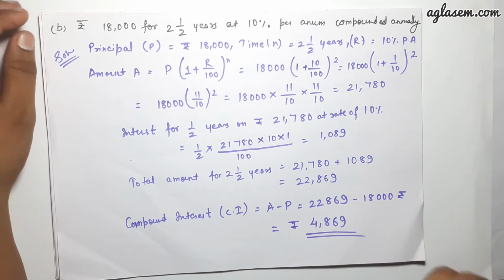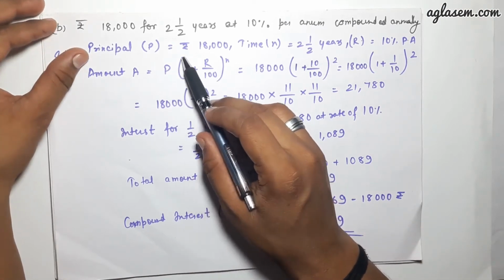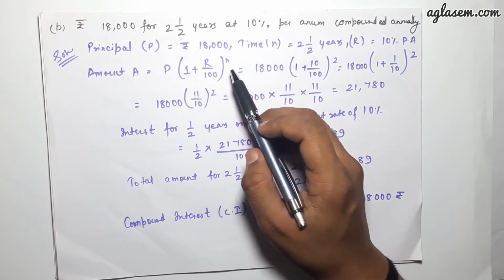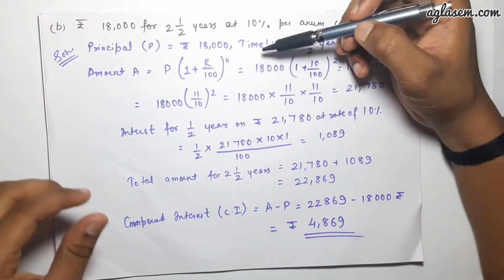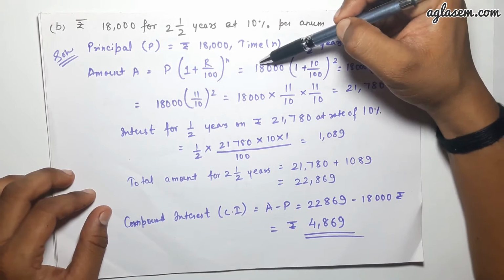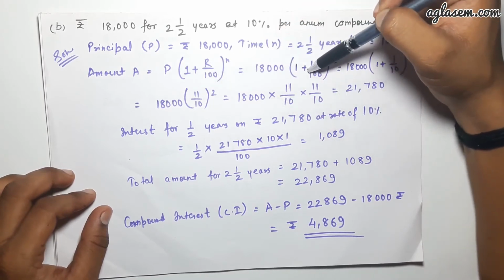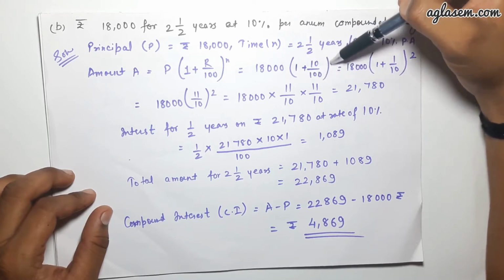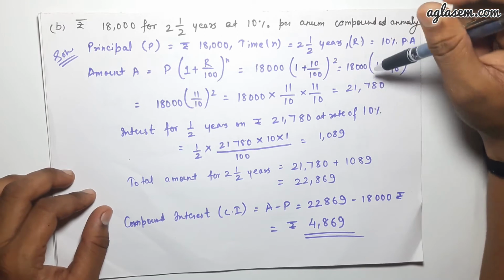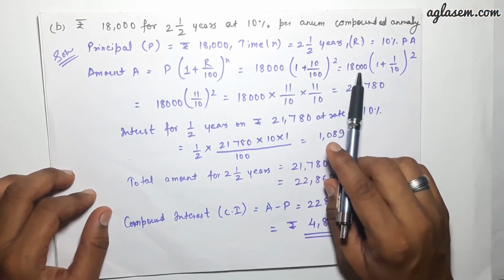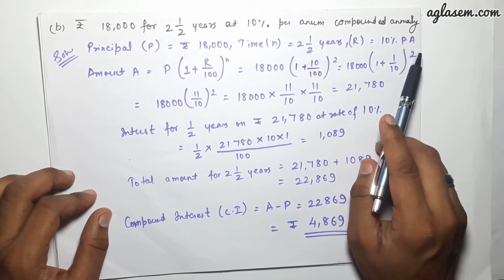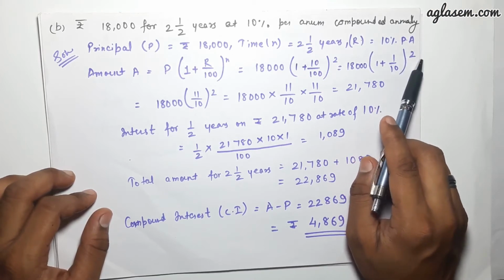We have to use the same formula, that is P bracket open 1 plus R upon 100 bracket close to the power N. So let's put the values here. P is 18,000, 1 is 1, and plus R is 10%, so 10 upon 100, and the time is 2.5 years.